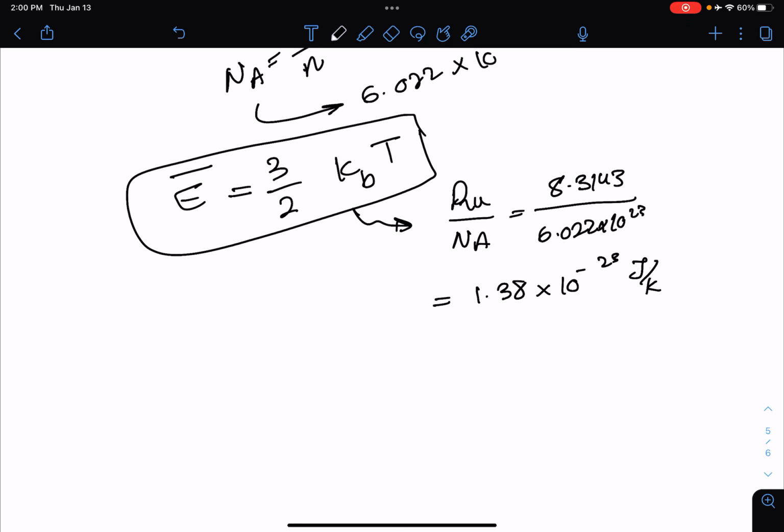So we achieved what we wanted to do. We related the average kinetic energy of a molecule to its temperature. Okay? Any questions so far?